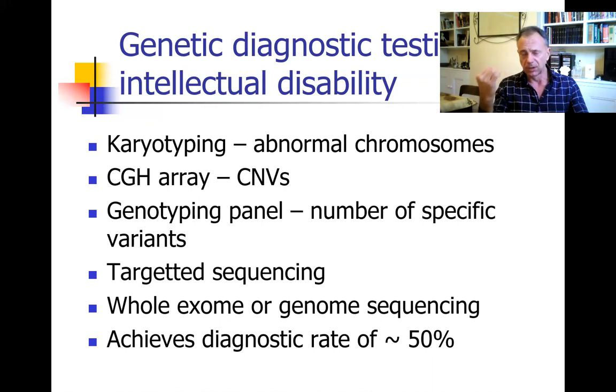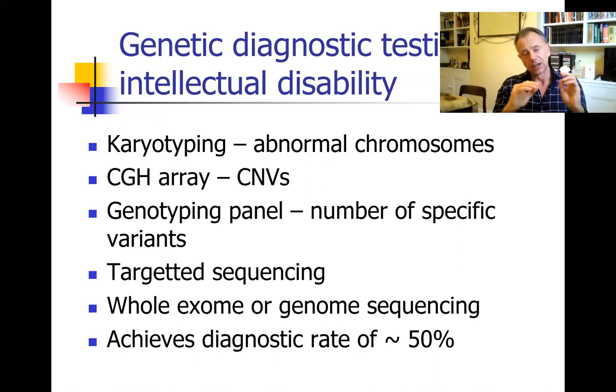One can look at the chromosomes themselves, see if there are trisomies, partial trisomies, or translocations or other chromosomal abnormalities, just by looking at chromosomes under a microscope, which is called karyotyping. There's a special technique for detecting copy number variants called a CGH array, although CNV detection can also be done by whole genome sequencing. CGH stands for comparative genomic hybridization, to detect copy number variants.